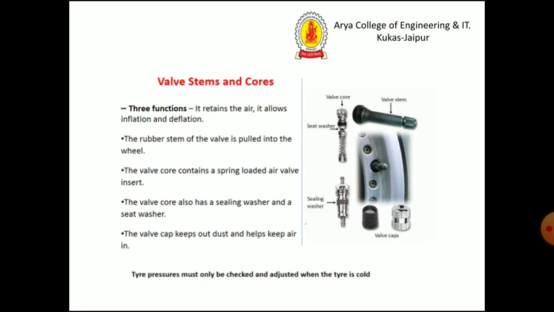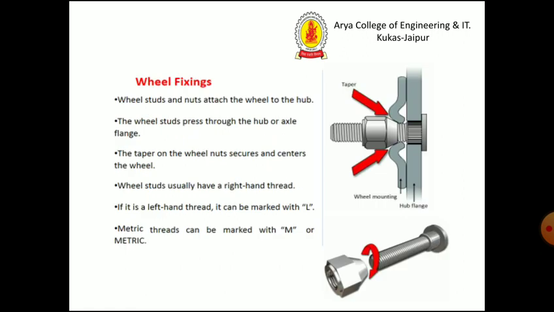The valve core also has a sealing washer and a seat washer. The valve cap keeps out dust and helps keep air in. The tire pressure must only be checked and adjusted when the tire is cold. So these are the functions of the valve, stem and cores.